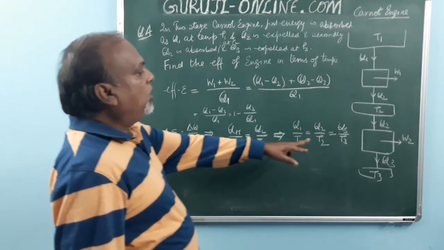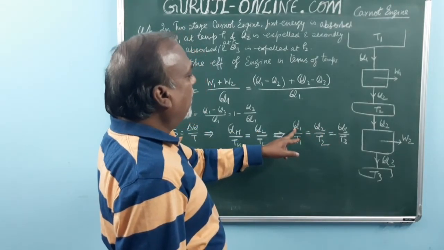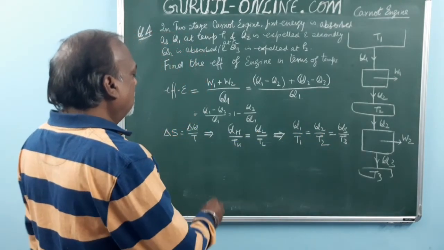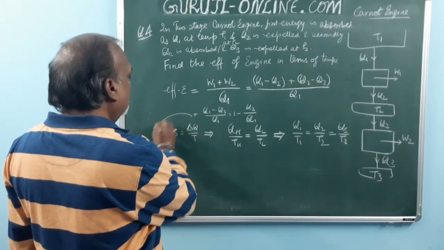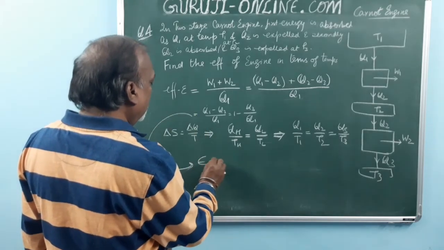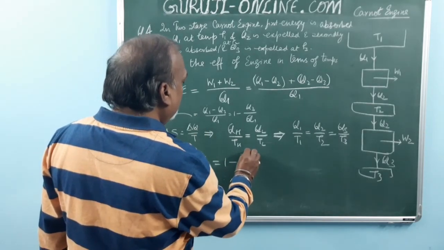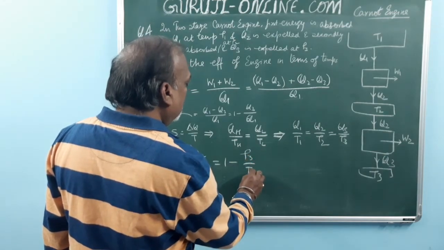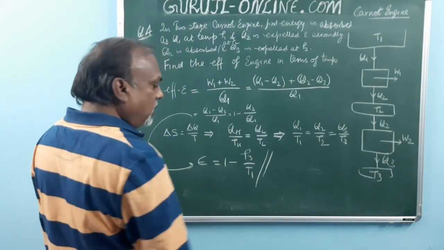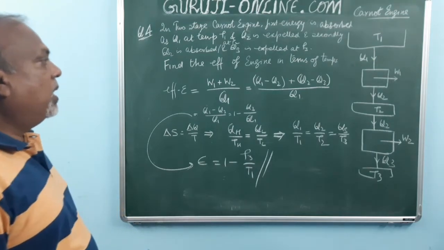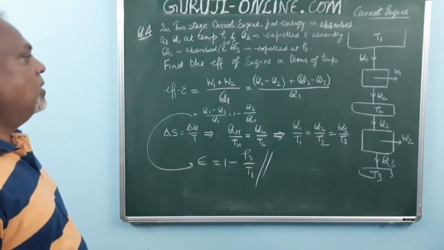Now, Q3 upon Q1 is nothing but T3 upon T1, so the efficiency will be 1 minus T3 upon T1. This is our answer. It was very simple.